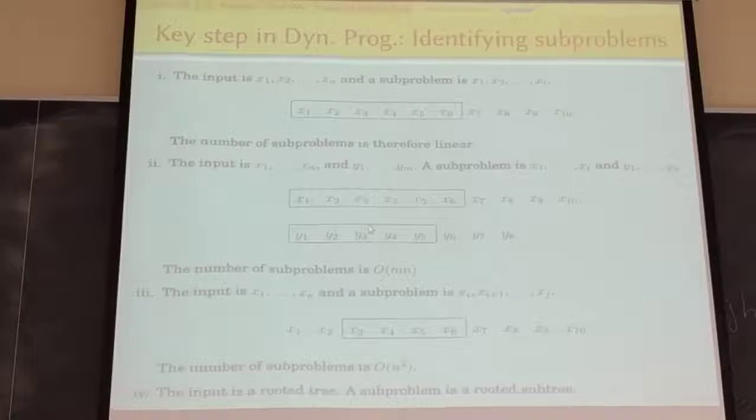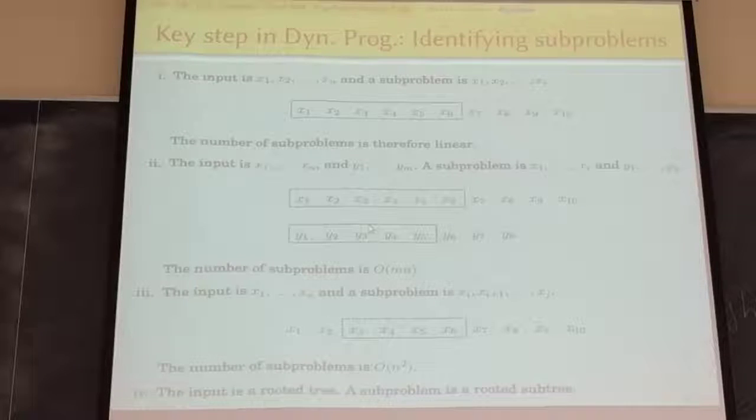So each such combination, leaving aside those cases where the end is before the beginning, which rules out half of the possible cases. But still, you can say there is O of n squared, because for every beginning and every end, there are n squared possible combinations. So if the subproblems correspond to substrings, once again, you'll have O of n squared.